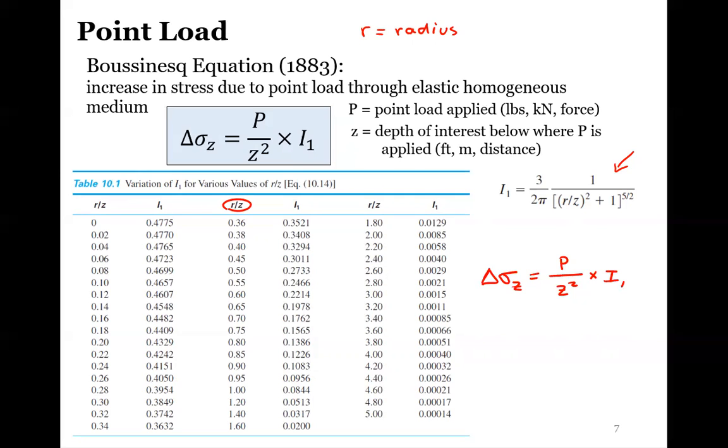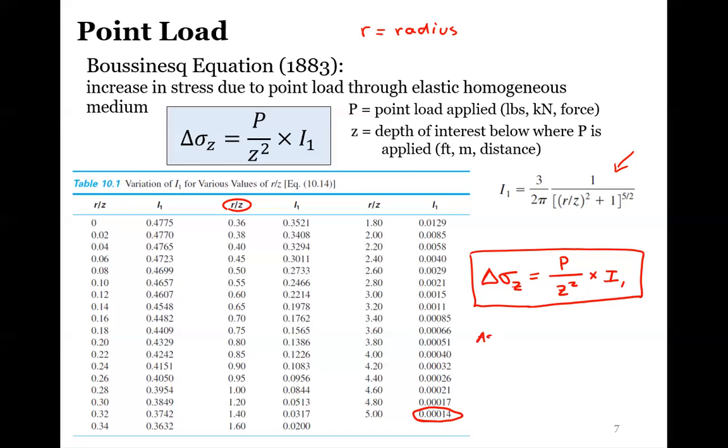Again, if you look at these values, this I value is directly proportional to the delta sigma Z, right? We're not dividing by I, we're multiplying by I. As we move further away, so as the R becomes higher than the Z, as we move further horizontally, then we see this I value go down, right? Which makes sense, because the further we get away from our point source, the less influence we see.